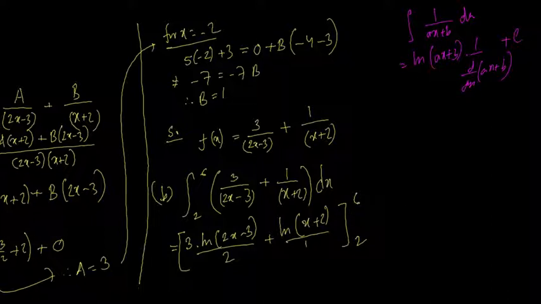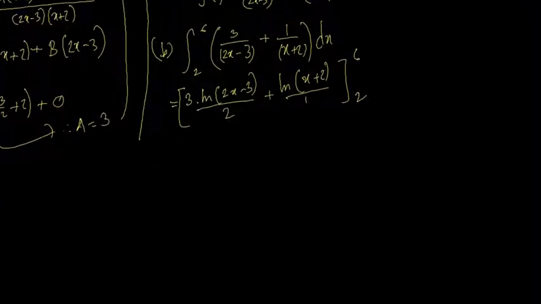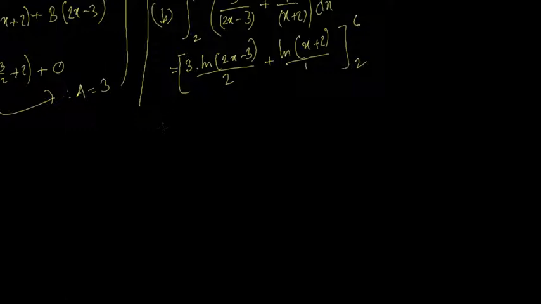Now, so 3 by 2, if we take it as the power by the basic rule of C2, remember when you have ln or log a, we can write log b to the power a. This is a basic rule for C2, simplify.